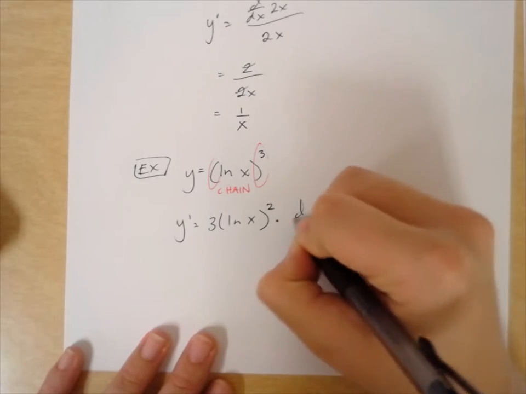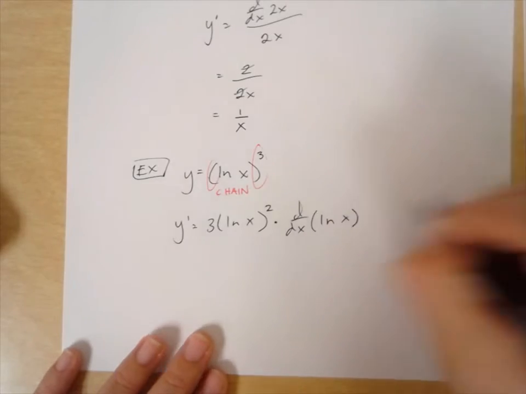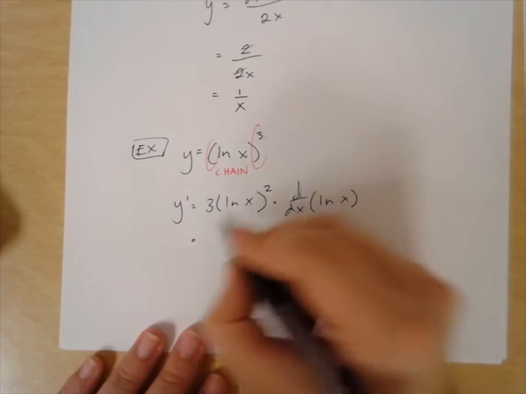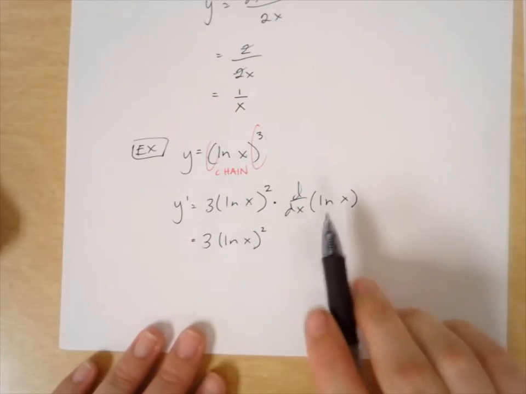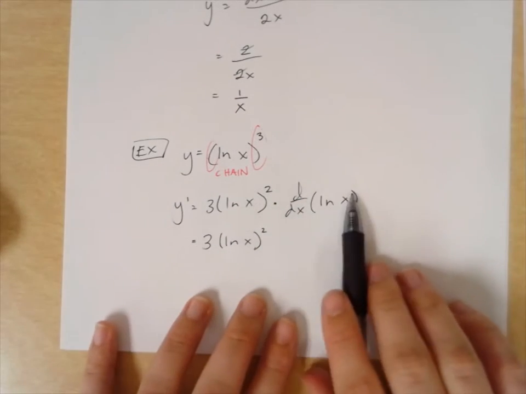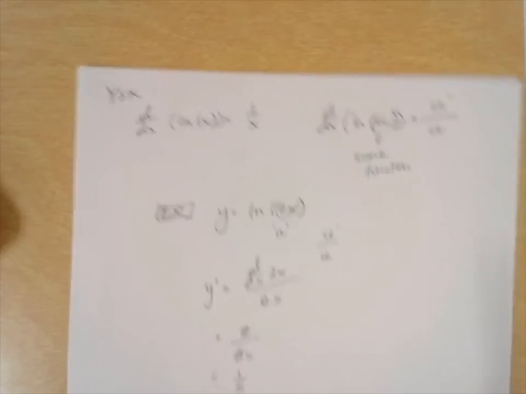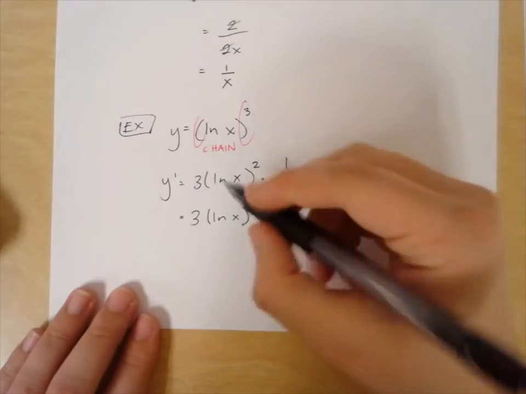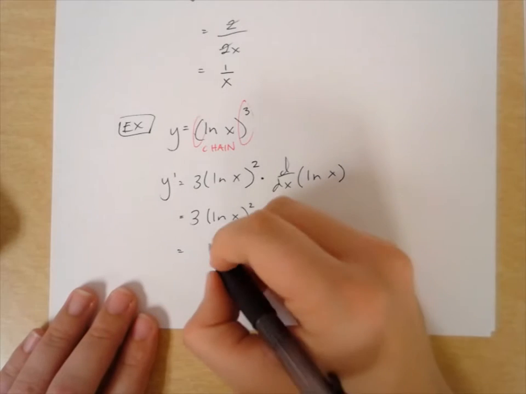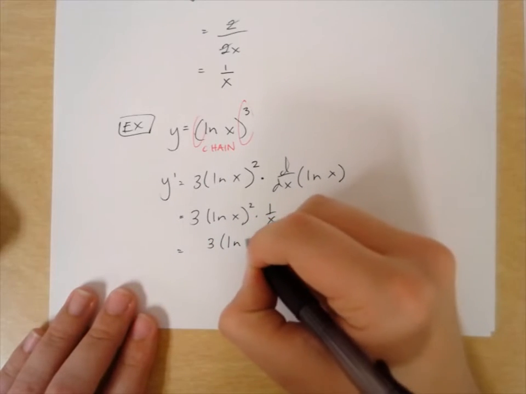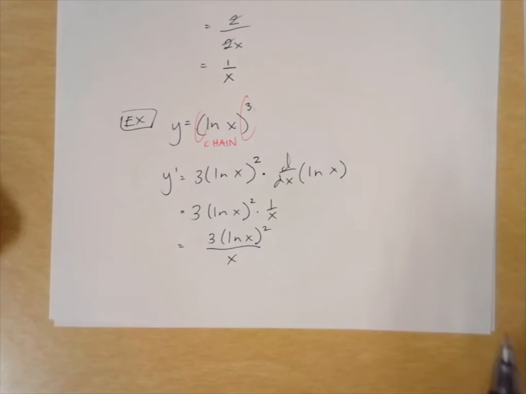And then we say times the derivative, don't forget the inside, of ln of x. This doesn't change, we still have 3 times ln of x squared, but now we know that the derivative of natural log x is just 1 over x. So we say times 1 over x, we rewrite the whole thing, and we get 3 times ln of x squared all over x, and that is our final answer for y prime.